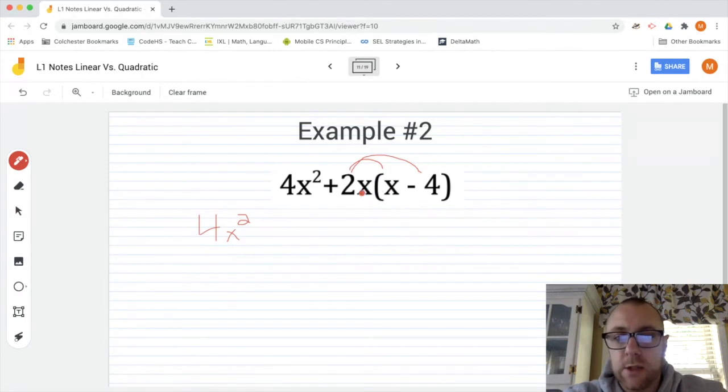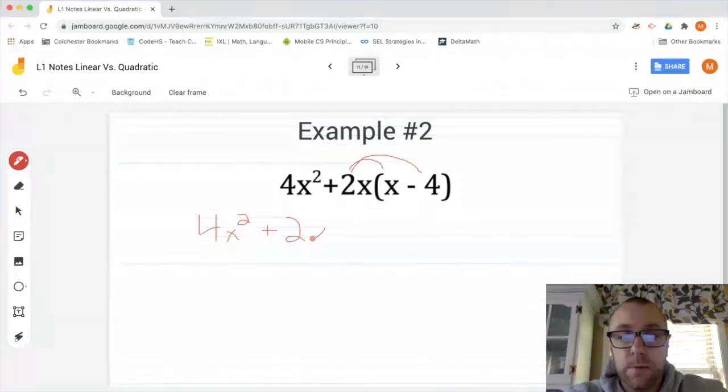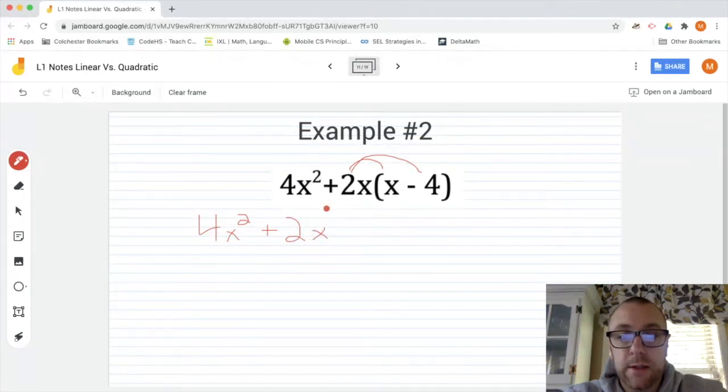Because the x's are here and they're multiplying each other, it becomes plus 2x squared. So whenever you're multiplying variables together, it adds an exponent. Okay, so x times x is x squared, and then minus 8x.